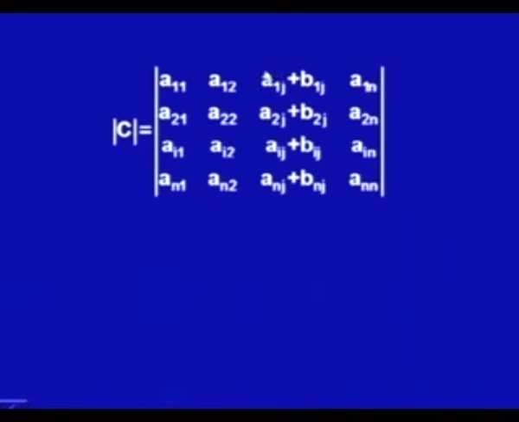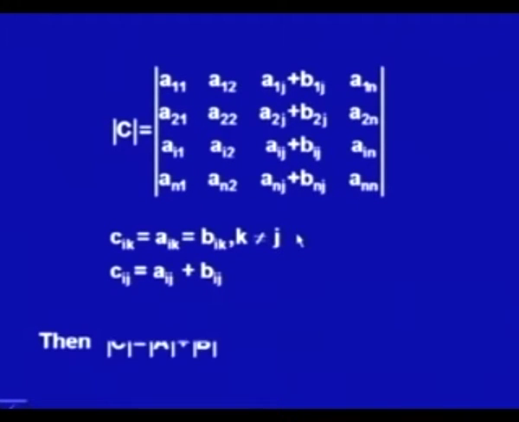In fact, the jth column of A and the jth column of B are added to give the jth column of the C matrix. So, if we define the C matrix in this particular manner, then Cik is equal to Aik is equal to Bik for all k not equal to j, and Cij is equal to Aij plus Bij for the jth column. Then we have a result which says that determinant of C is equal to determinant of A plus determinant of B.